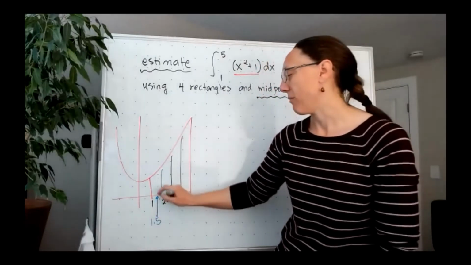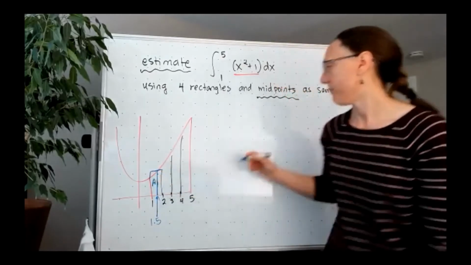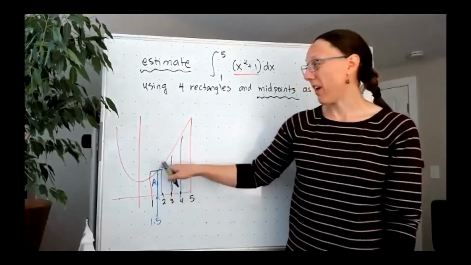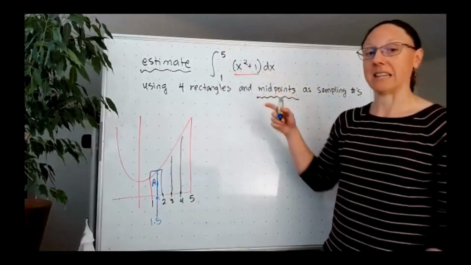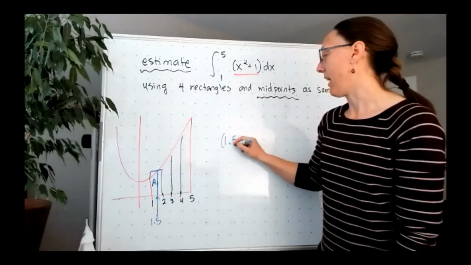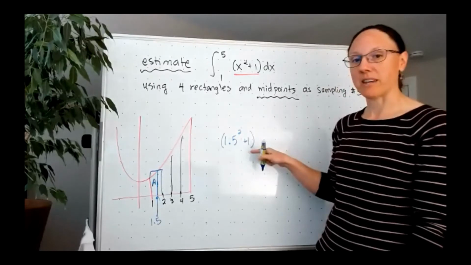So when I find the area of my first rectangle, I'm going to use 1.5 as the value that I plug in to get the height. So that first rectangle would look like 1.5 squared plus 1. That's my height of the rectangle.